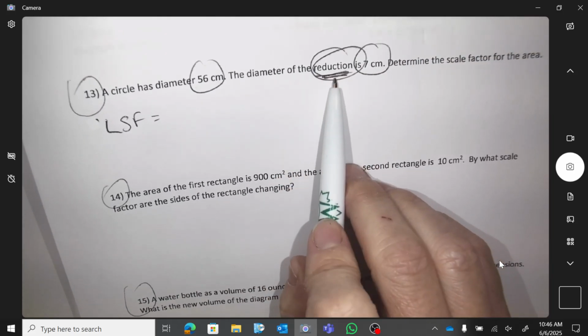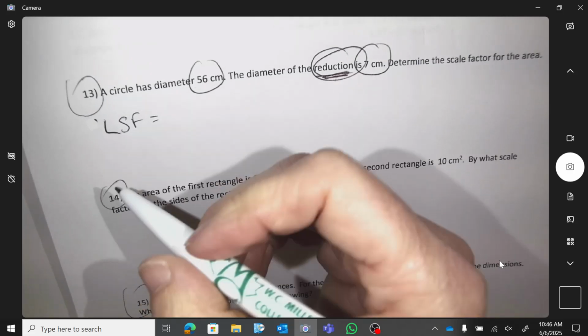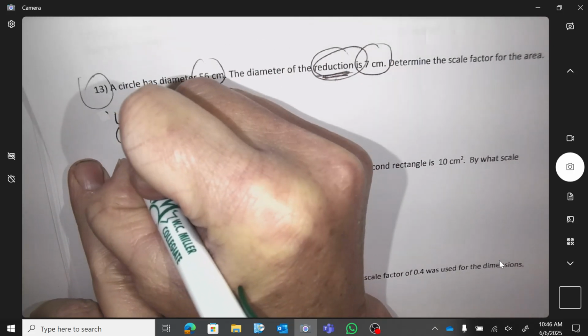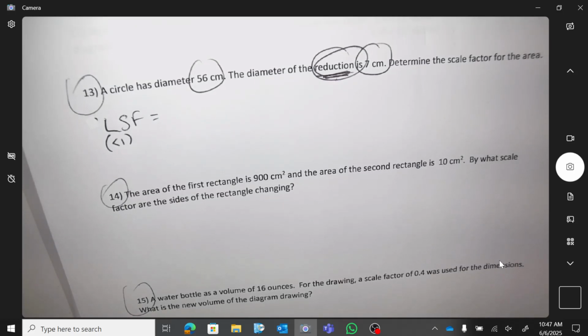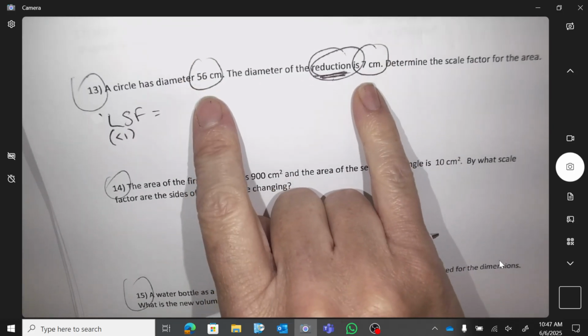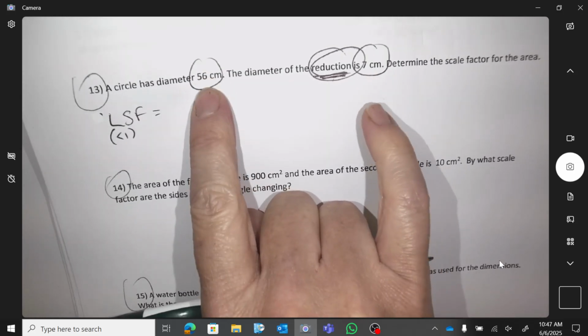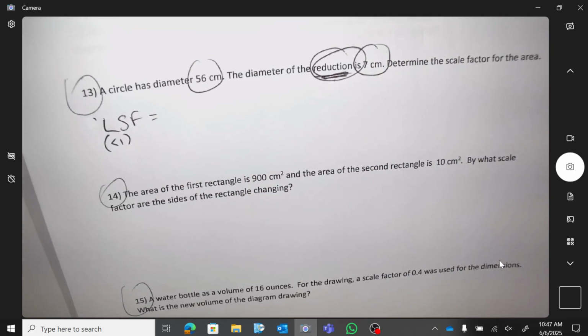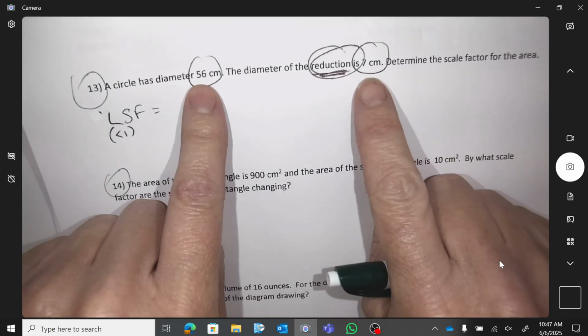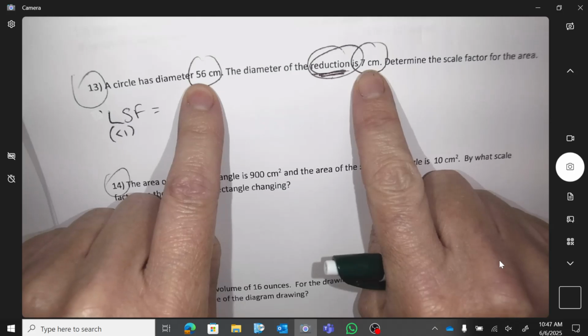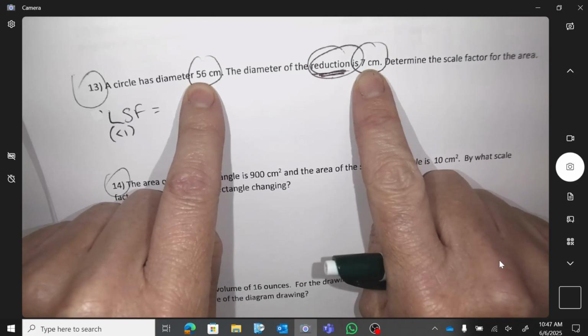Okay. It's reduced. So this has to be what? If I know it's reduced, it has to be less than 1. Okay, so which one do I want to do? Should I do 56 divided by 7 or 7 divided by 56 to make that number small? Which one would be better? If I did this divided by this, I get 8.